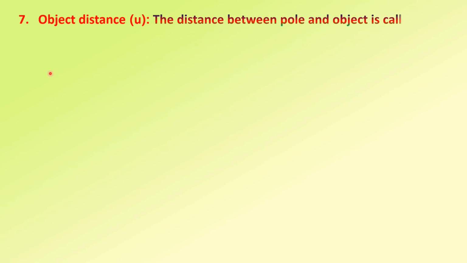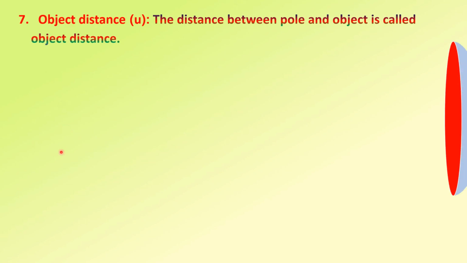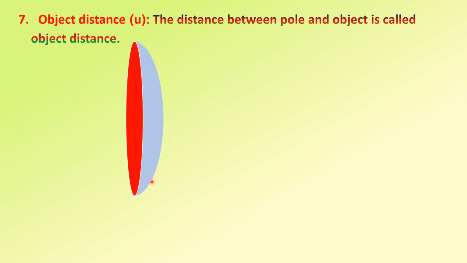Object distance in case of convex mirror: see here, the distance between pole and object is called object distance, and this one is a convex mirror.